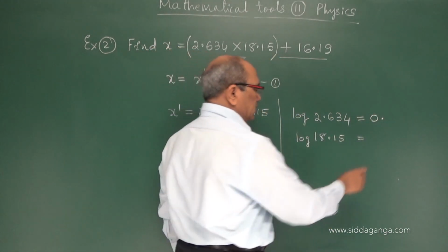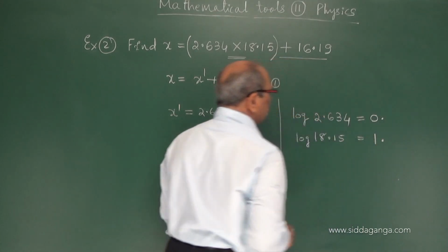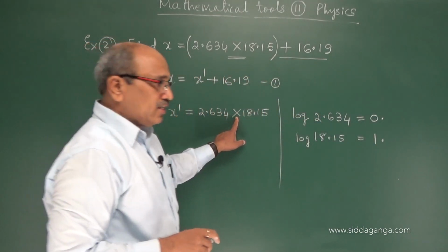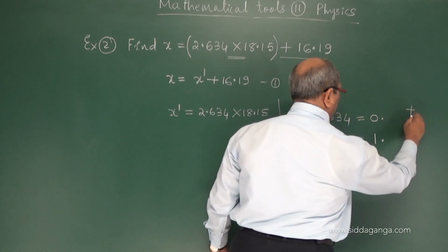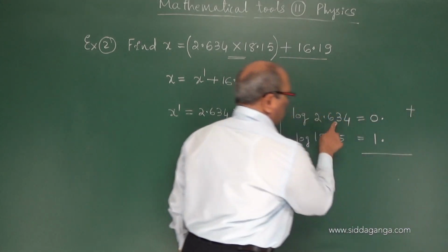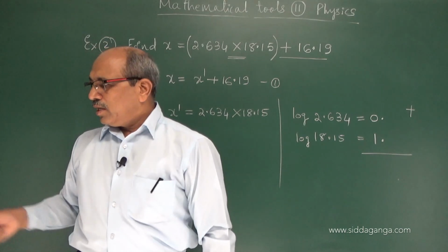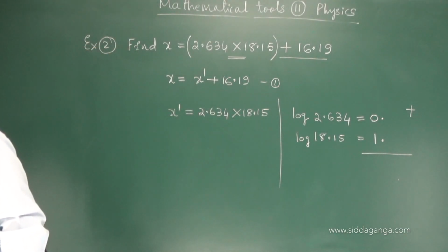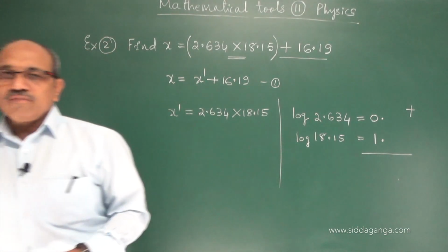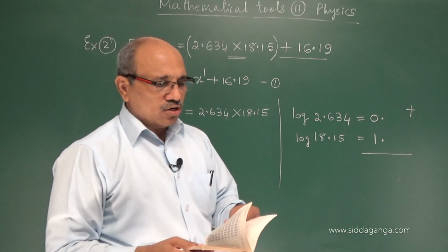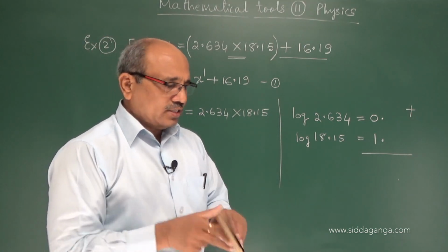Here 2 digits, therefore the characteristic is 1. The operator is multiplication, therefore you have to add, but you have to get the log value for those two. Irrespective of the decimal position, the log table may be used for 4 digits.